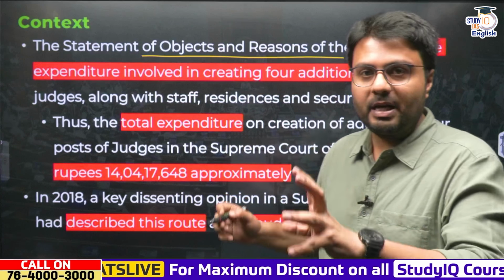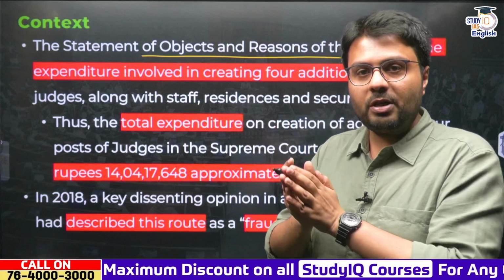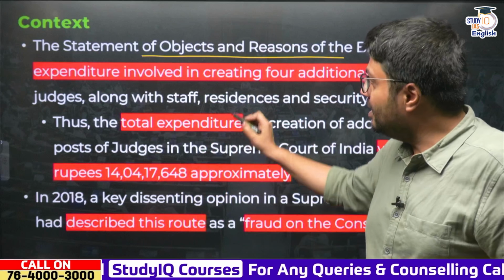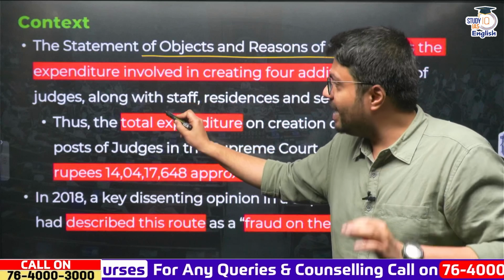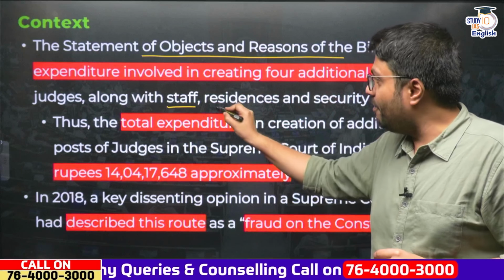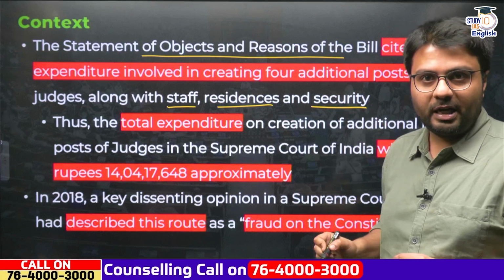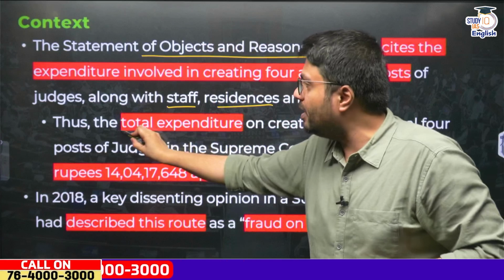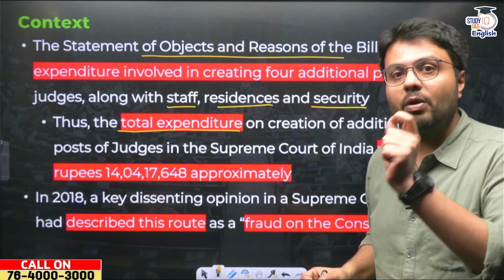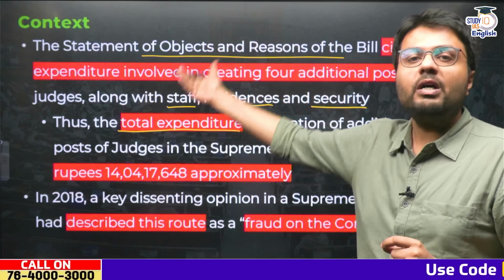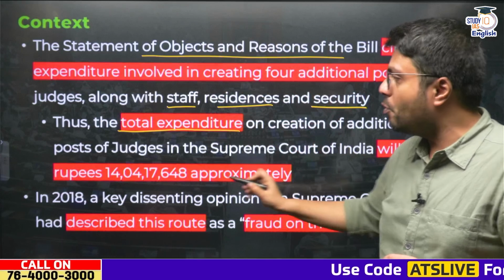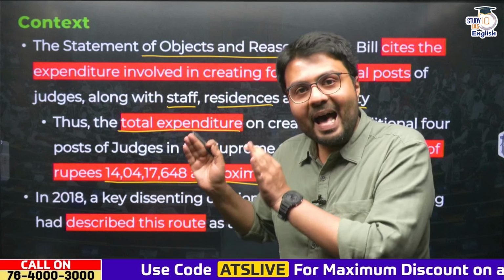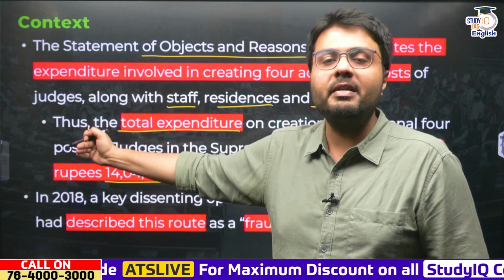For example, you have to provide salaries to the judges, pensions when they retire eventually, and expenditure to maintain staff, their residences, as well as security. So the statement clarifies that the total expenditure charged on the Consolidated Fund of India, because you are creating 4 additional judges, would amount to more than 14 crore rupees approximately, and as a result, this bill was designated as a money bill.